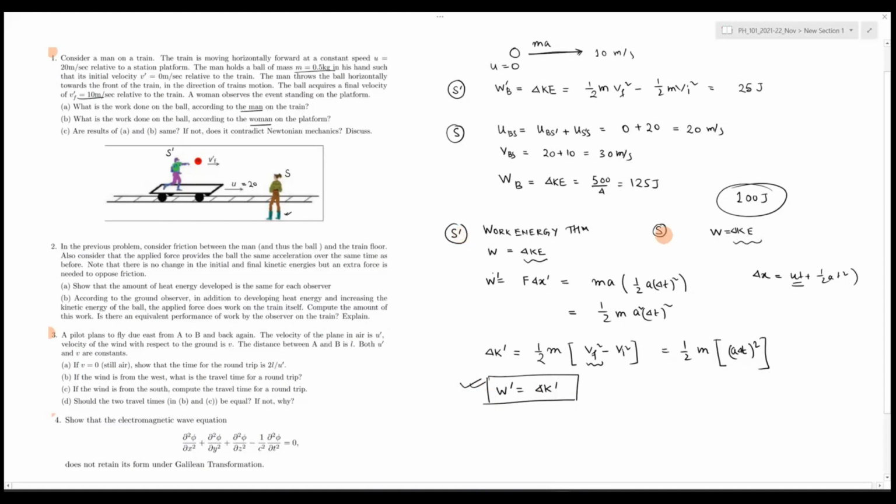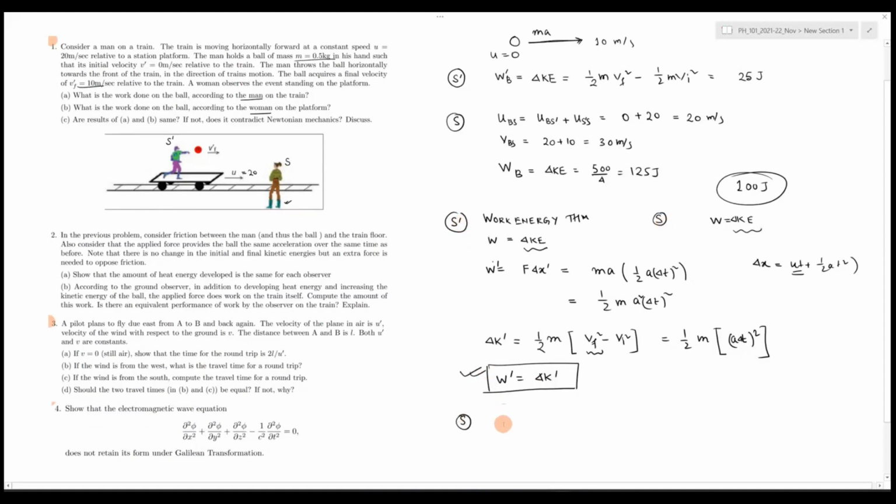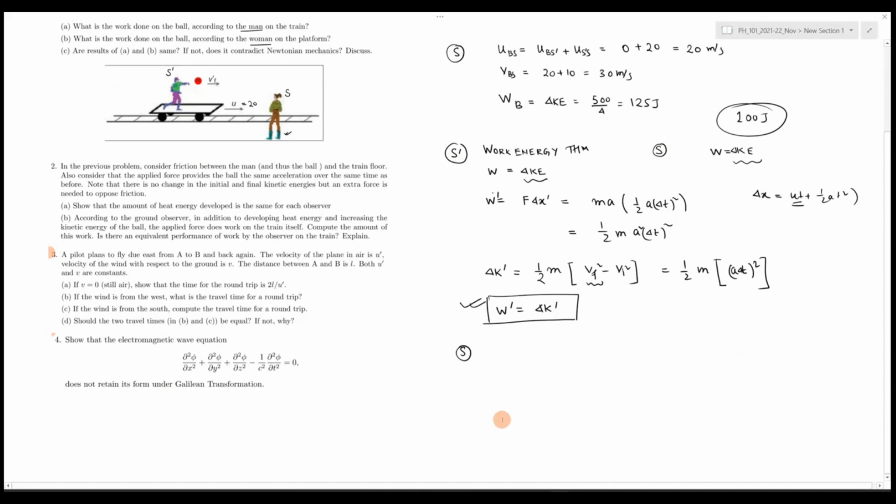Similarly, if you do it for S, you will get the same thing, right? The work done as observed from S will be equal to F into delta X, that is ma into delta X. But here from S, we will also see some movement due to the train, right? So delta X will be u delta t plus half a delta t square.